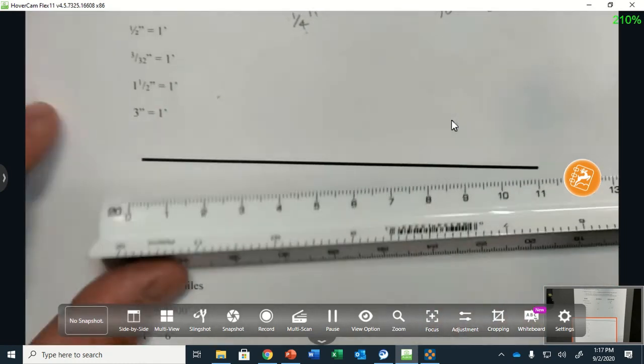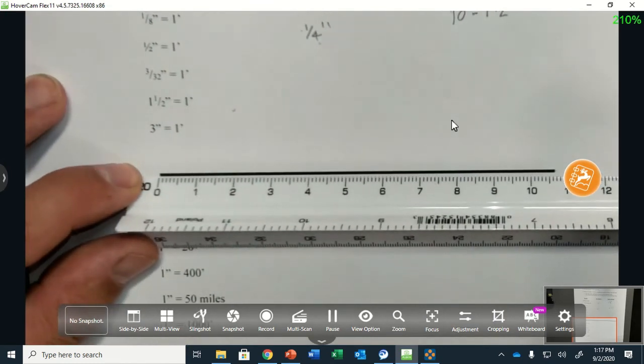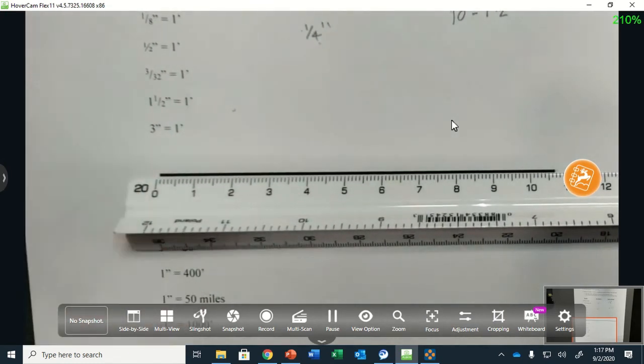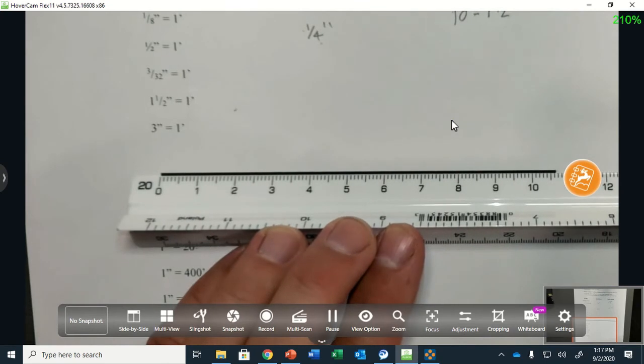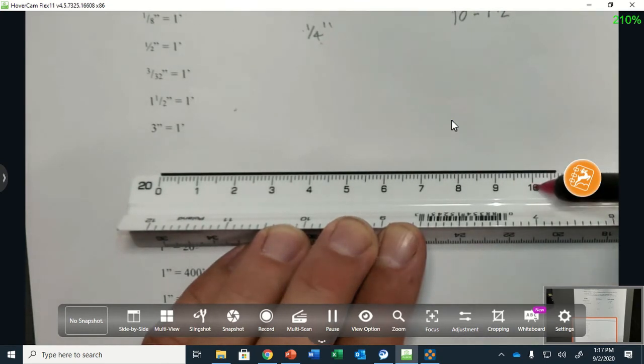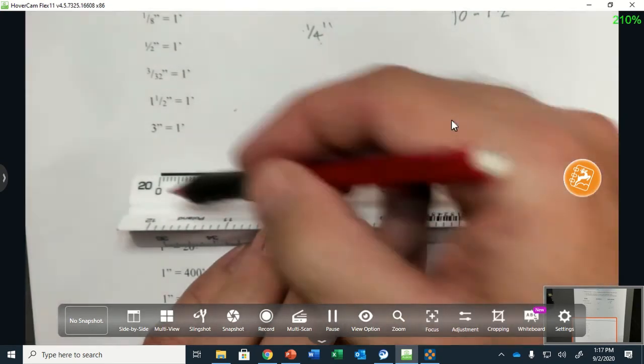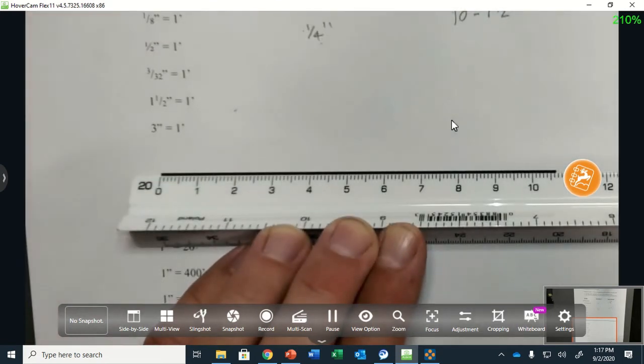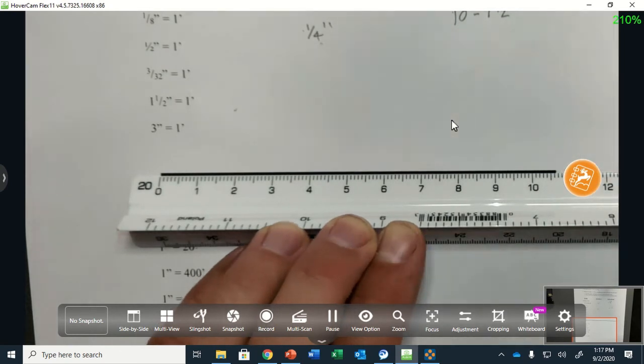Okay, so again, another way you can do this, I know this is 10, right? Just add a 0. So that means I'm at 100 already. So that's 105, 106, 107, halfway between 106 and 107. Okay?